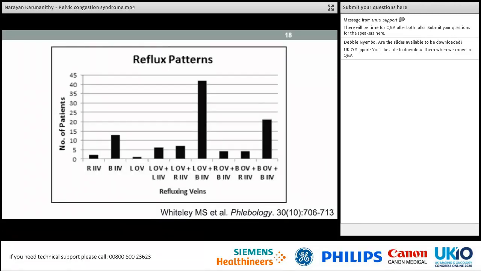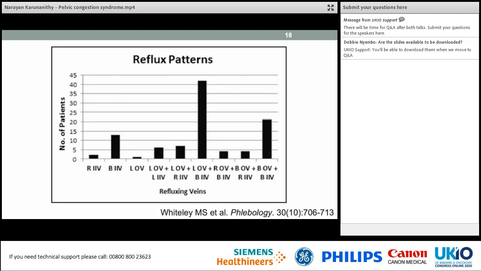This is an interesting paper looking at the patterns of reflux in the various veins, and the study looked at the presence of reflux in the internal iliac veins, either being right or bilateral, and involving the ovarian veins.